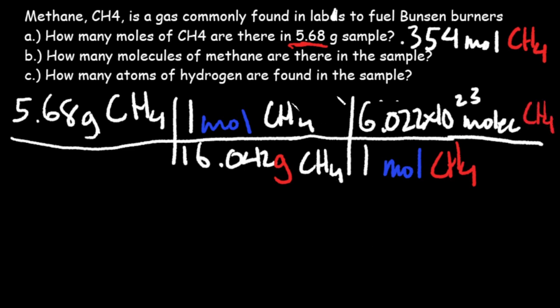So multiply 0.354 moles by 6.022 times 10 to the 23. If you aren't familiar, this number is Avogadro's number. It's a pretty good number to memorize because you'll use it quite a lot in chemistry.